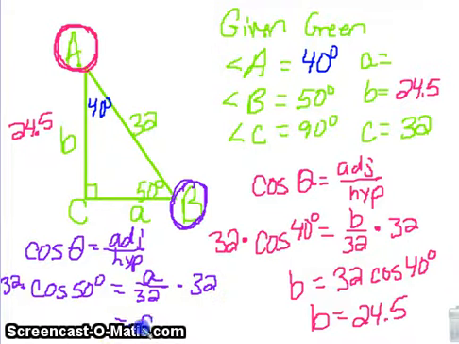Please tell me what you get for side A, because these are going to cross out. 32 times the cosine of 50. 20.6? That's what I got.